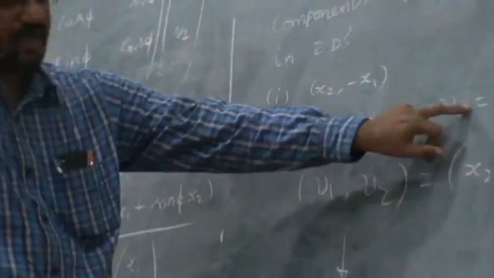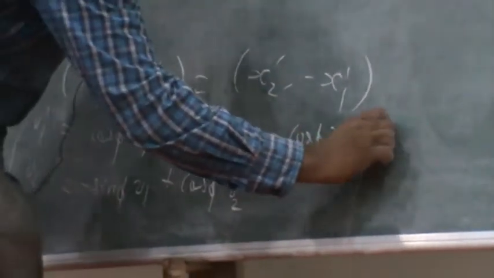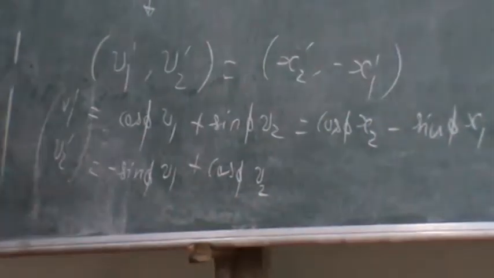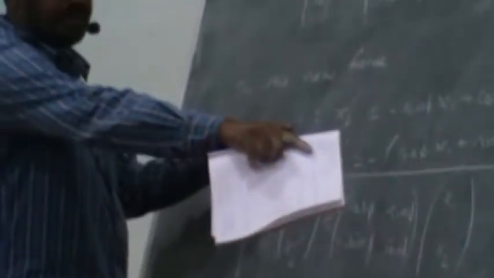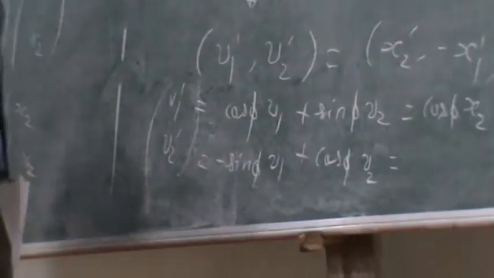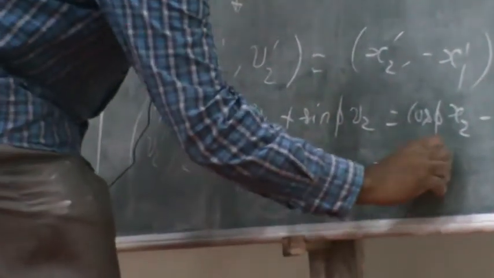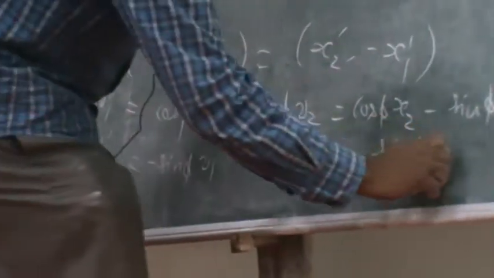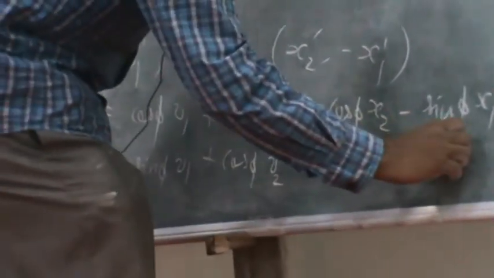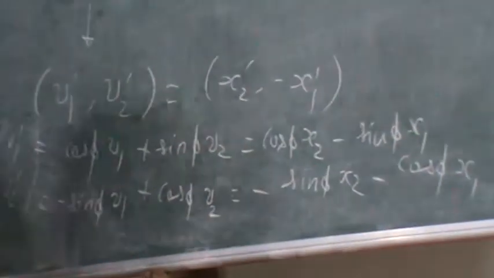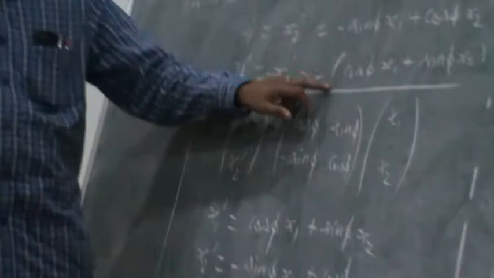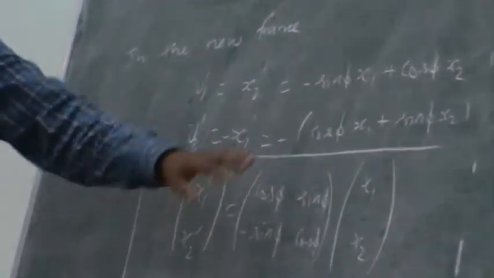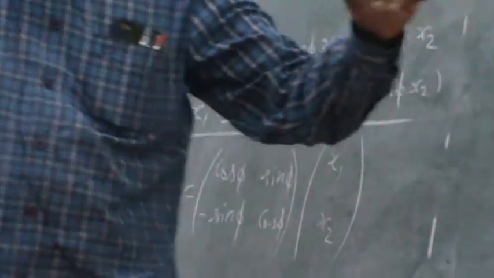What is v2? Minus x1. You substitute, you will get cos phi x2 minus sin phi x1. Compare. Are you getting the same? And v1 is x2, so minus sin phi x2 minus v2, which is minus x1, times cos phi, gives minus cos phi x1 plus sin phi x2 with a minus outside. So if I take the minus outside, I am getting this. Therefore, this pair is a vector. Therefore, it's a tensor of rank 1.